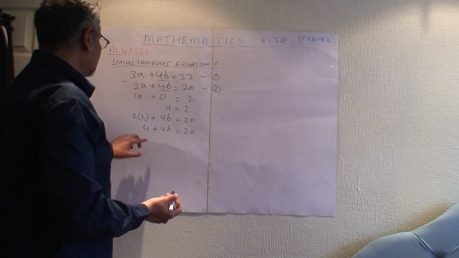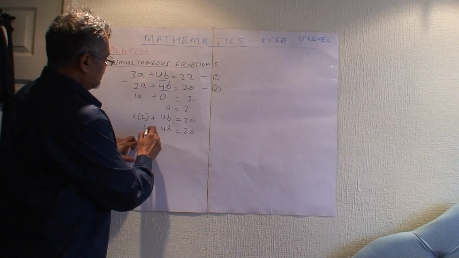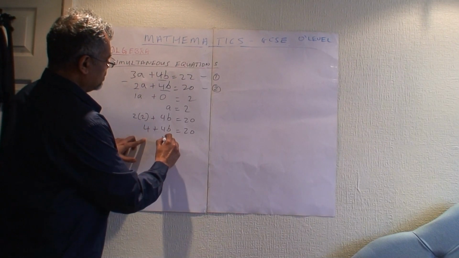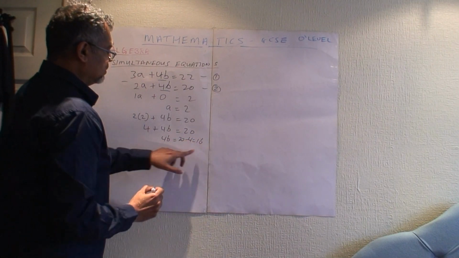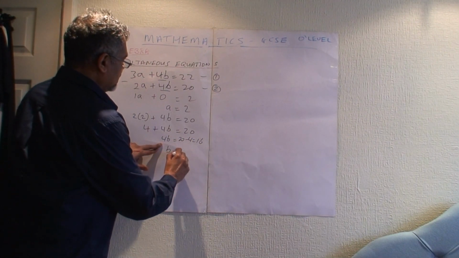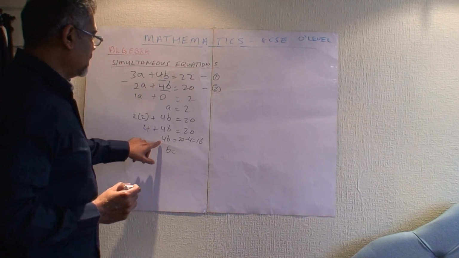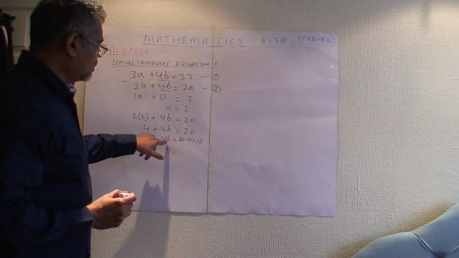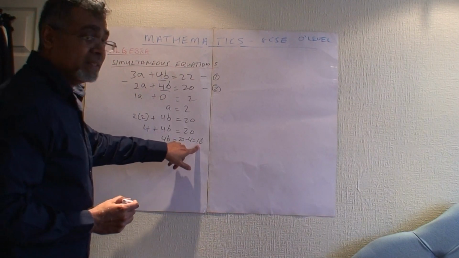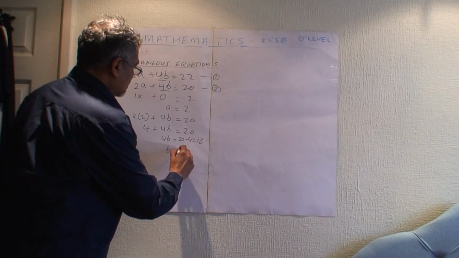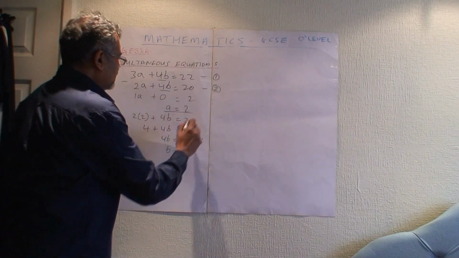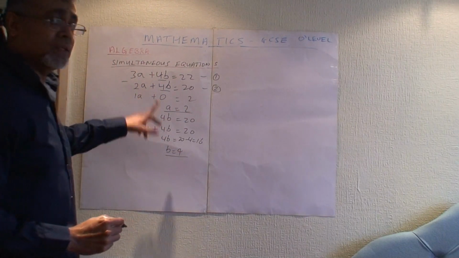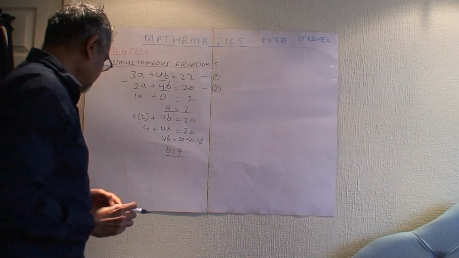So we take away the 4 on this side, so we're left with 4b. 20 minus 4 is 16. So b, we divide both sides by 4. We're left with b. Divide 16 by 4, we're left with 4. So a is 2, b is 4, so we have solved this simultaneous equation.